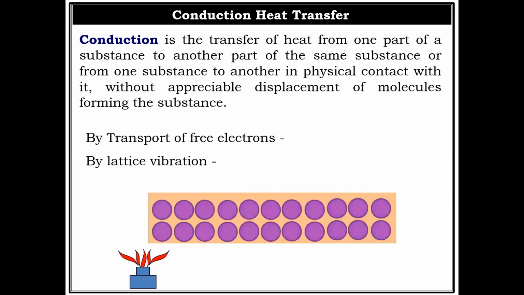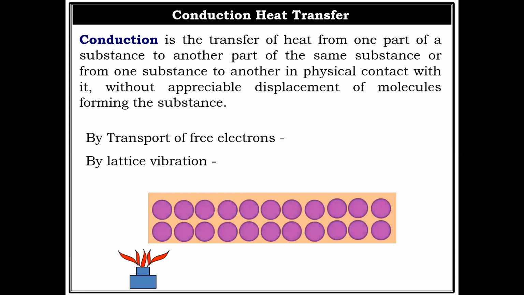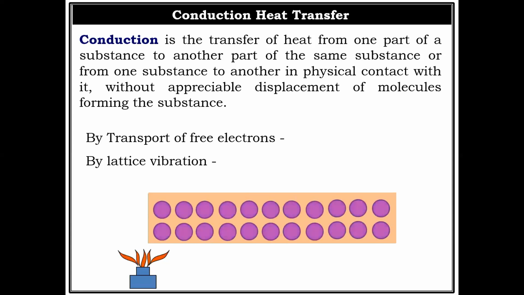But as we go on heating the element, lattice vibration becomes so intense that it obstructs the transport of free electrons. So after heating the element, heat transfer by free electrons is reduced, and then the majority of heat transfer is only due to lattice vibration.